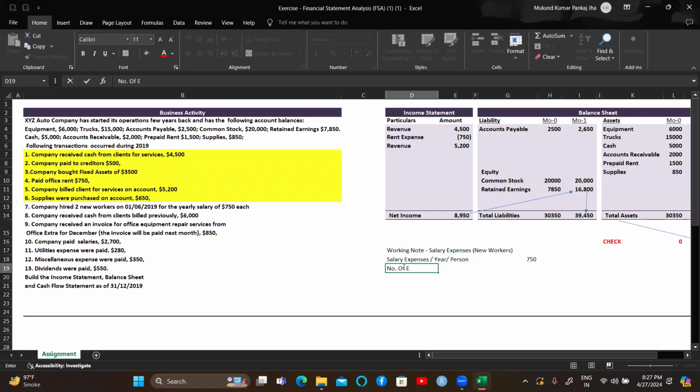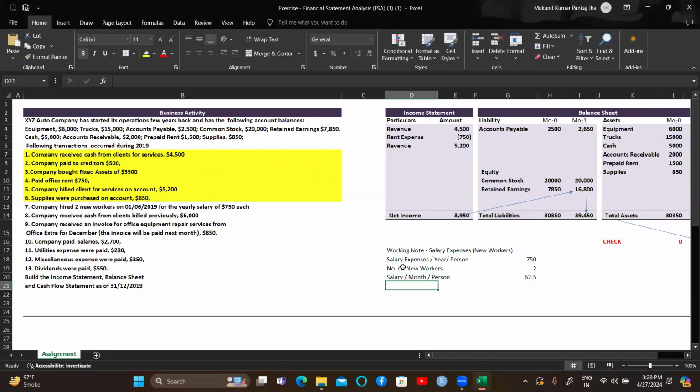Number of new workers are 2. Salary per month, this divided by 12. Salary per month per person 62.5.